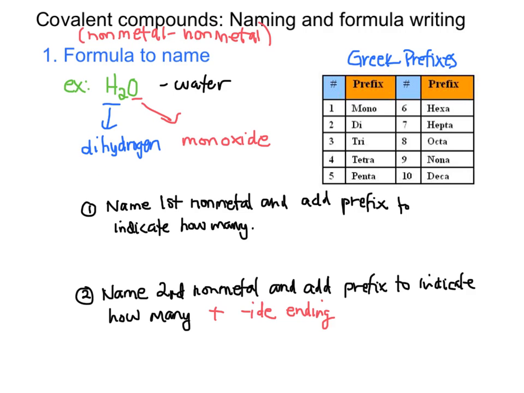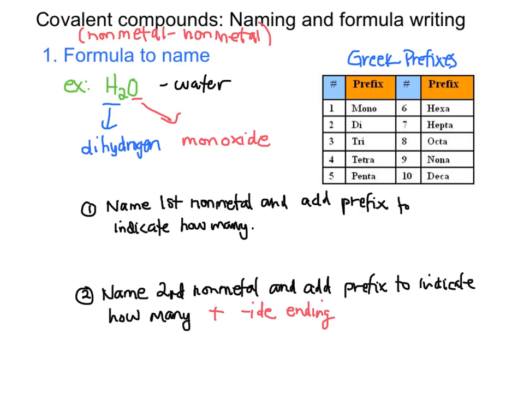Now, the second rule is that you'll name the second nonmetal, and most of the covalent compounds that you'll see will only contain 2 nonmetals. So the second one will be the last nonmetal in the compound. So you named the nonmetal, oxygen, and then we added a prefix, mono, to indicate how many, and then we changed the ending to "ide."